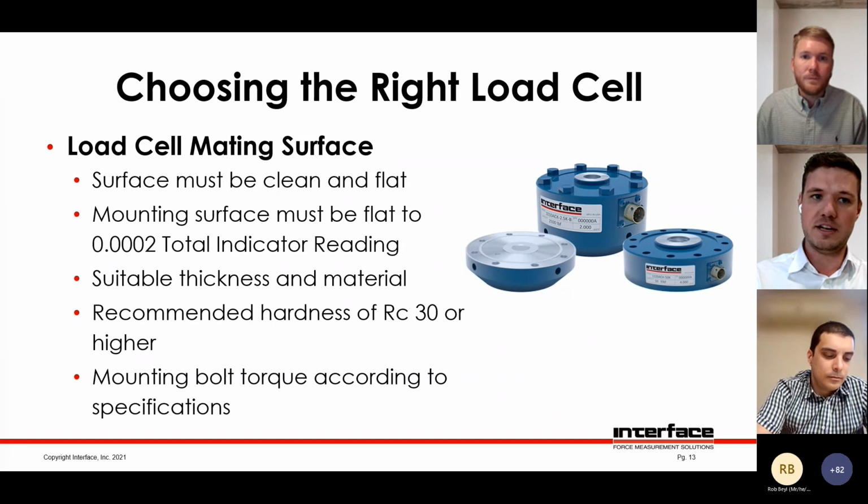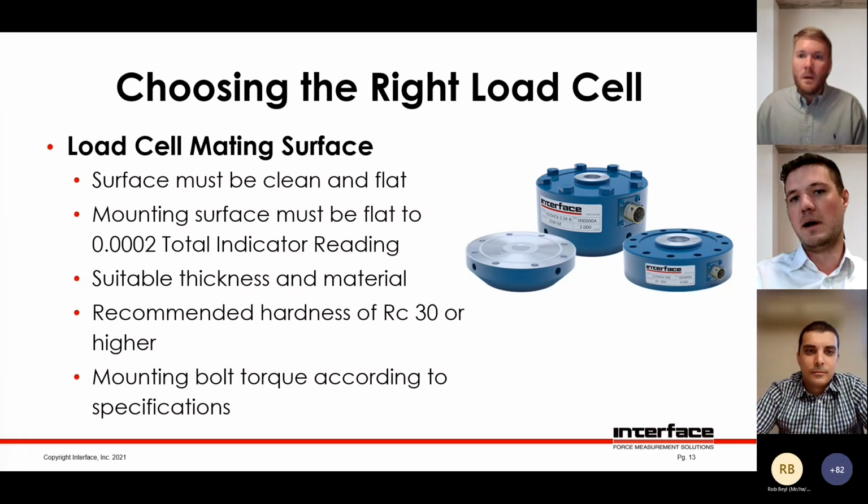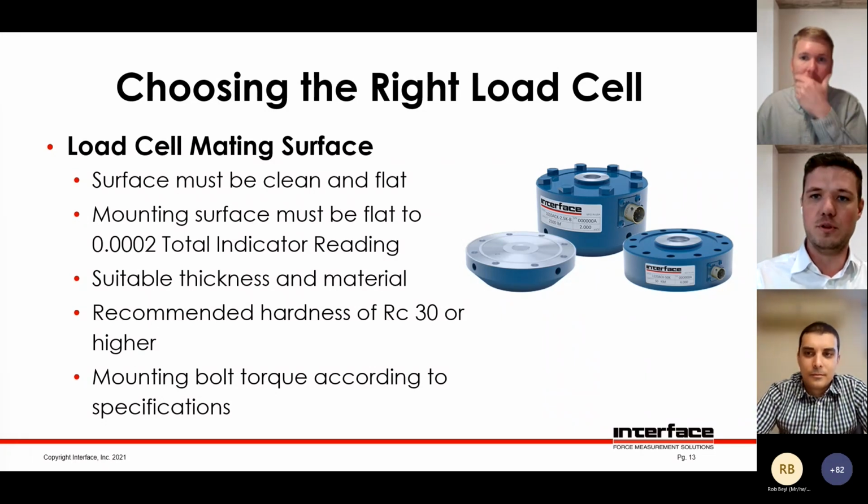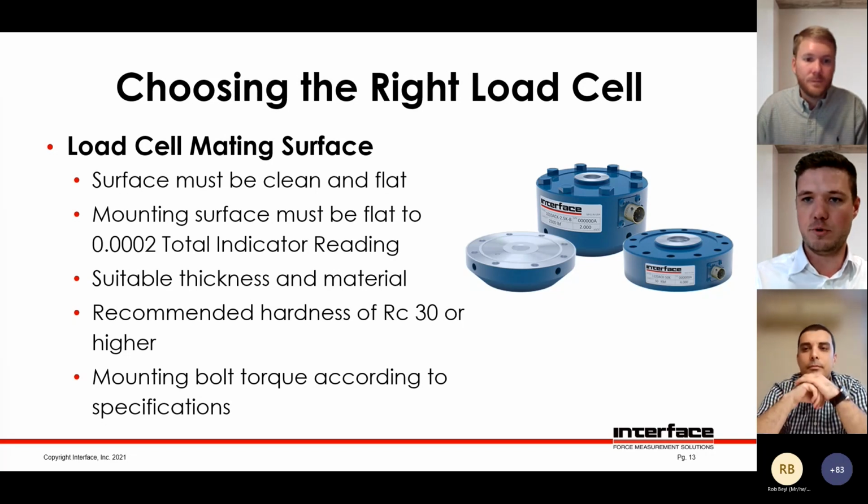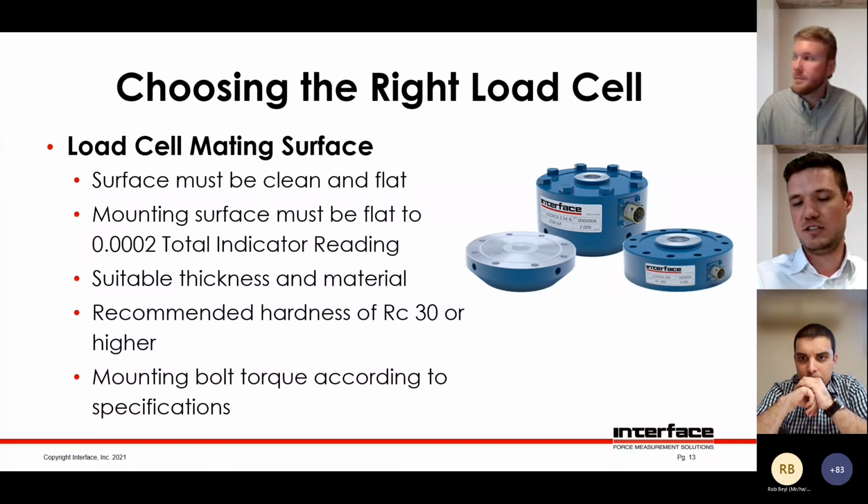Continuing on from that mounting, actually, one of the very key things is the flatness of the surface. If you're mounting the load cell not through the threads on the base, for example, you can see the load profile on the right there doesn't have a base on it. We would need to provide a surface that is very similar to the base. And the base that is supplied with these load profiles is very flat.